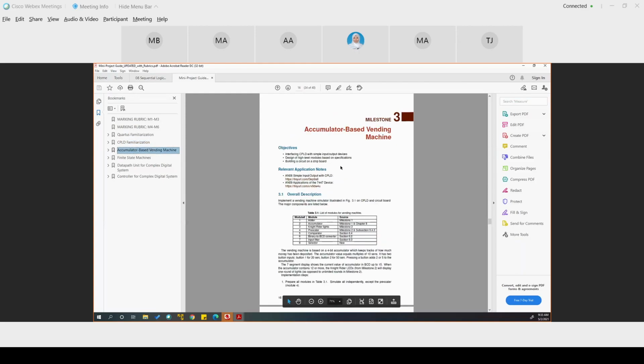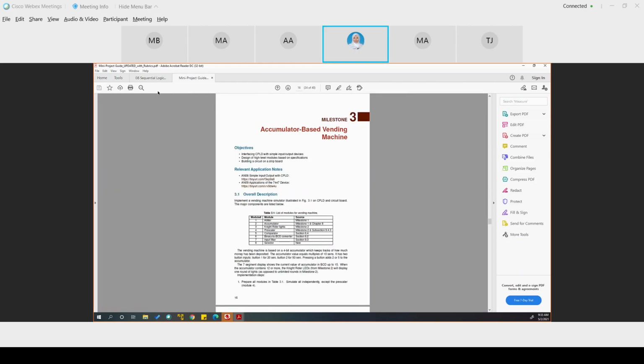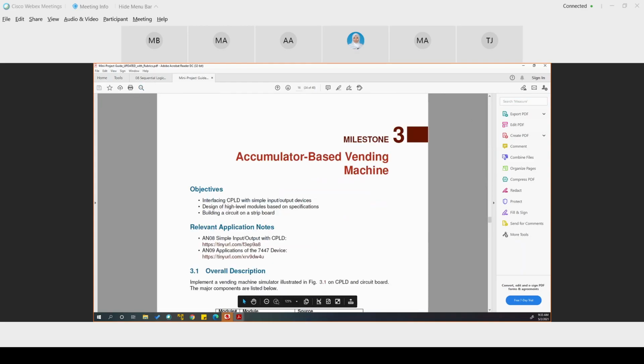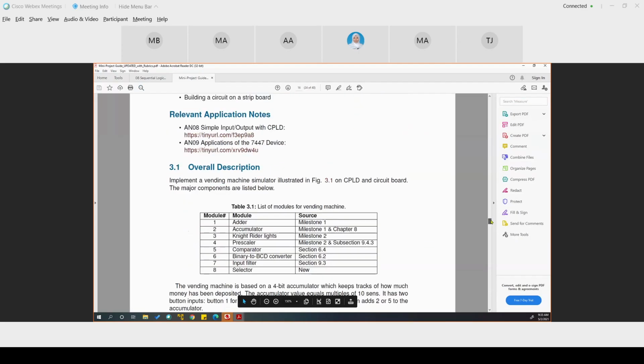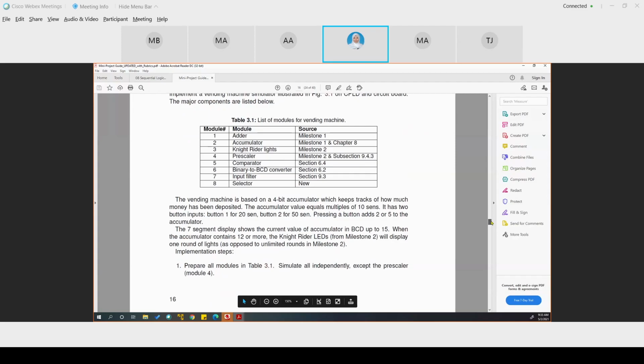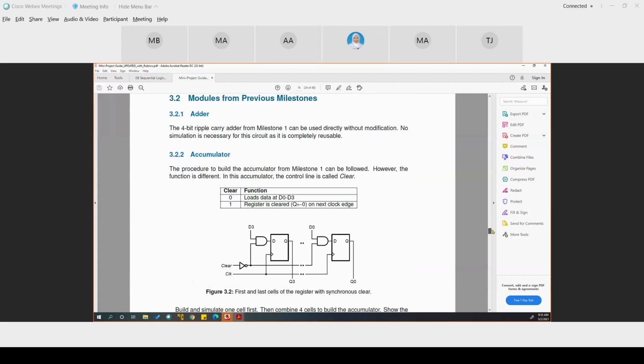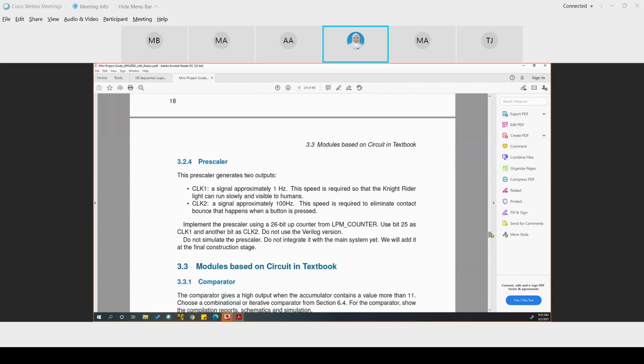It's part 3.2.4. So I don't get what's bit 25 and what's another bit as clock 2.